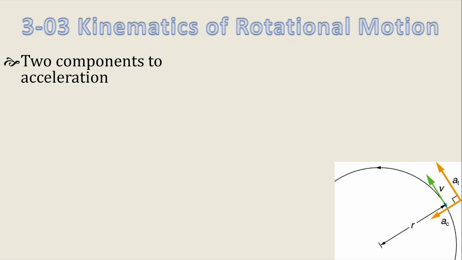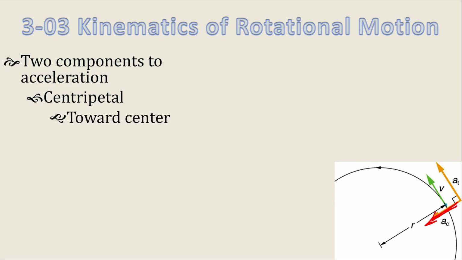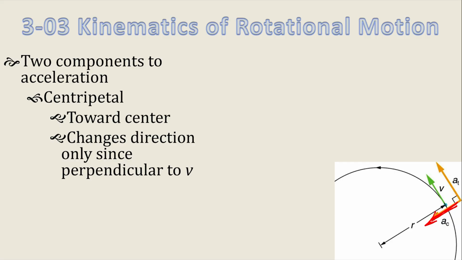So there are two components to acceleration. We have centripetal acceleration, which is towards the center. Centripetal acceleration changes direction only, since it's perpendicular to the velocity, and it is v squared over r.